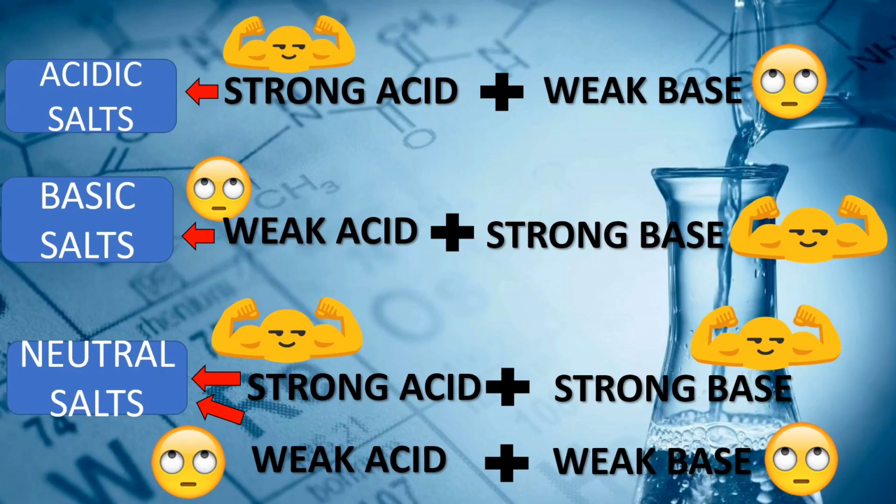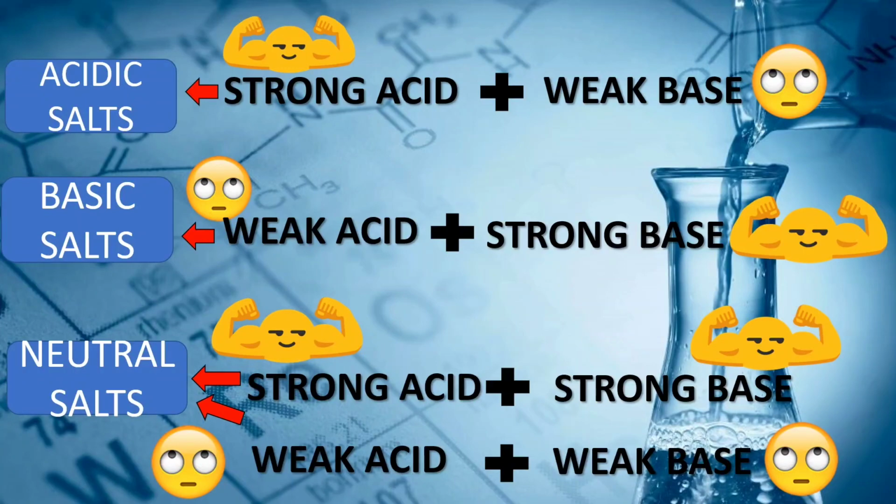So acidic salts we get when the acid is strong and the base is weak. Basic salt we get when the acid is weak and the base is strong, and neutral salt we get when the strength of both acid and base is the same, that is, the acid and base are both strong or both weak. In this condition we get neutral salts.